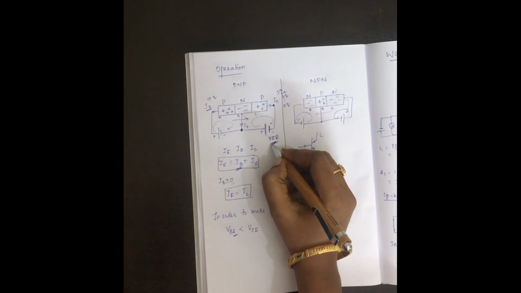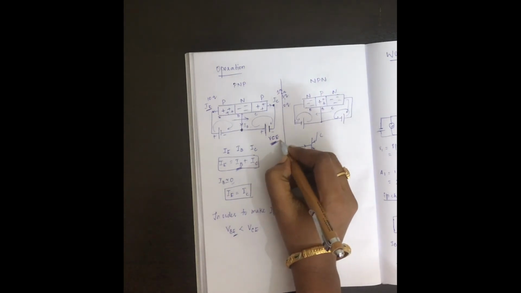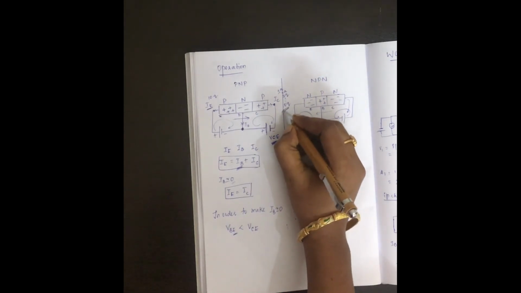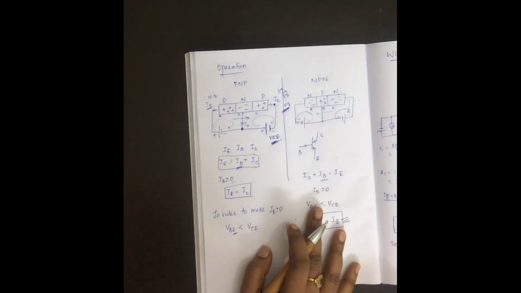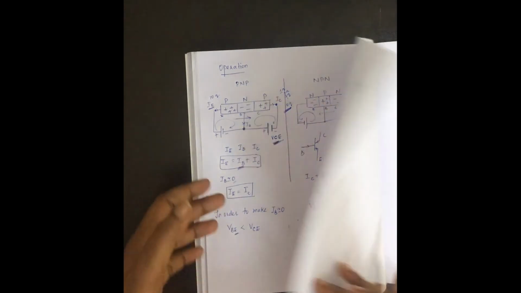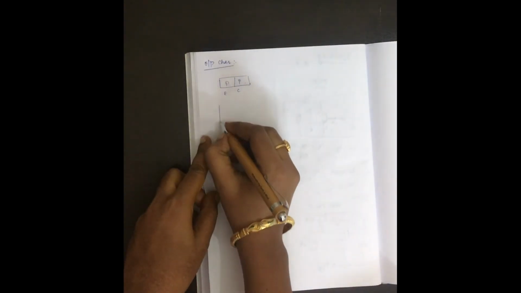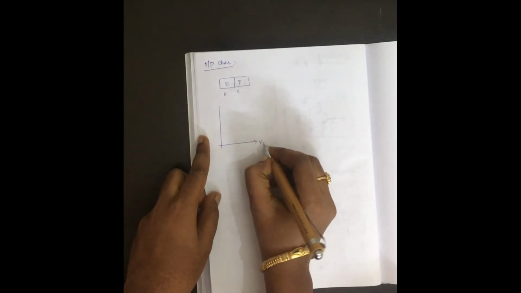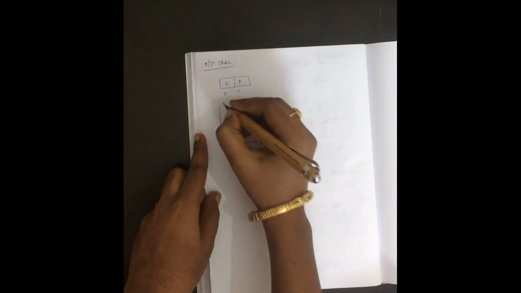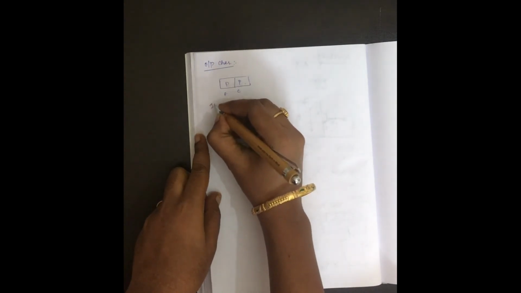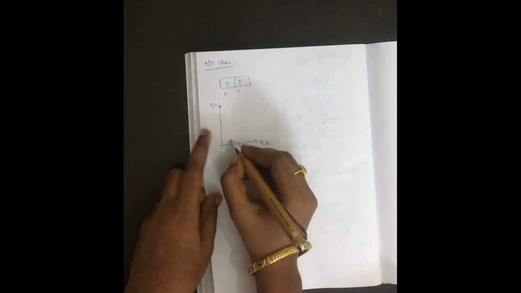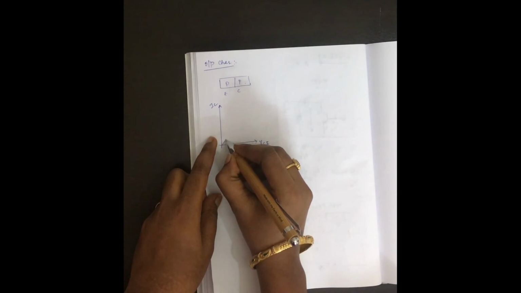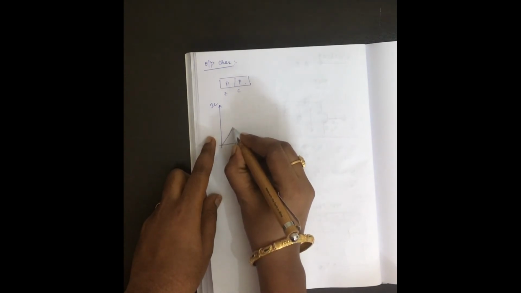And even then, if you are increasing VCE, this current will remain constant. After that, the current will not increase because it has collected all the input current. So for that, the characteristic is drawn across VCE, that is the output voltage, and output current IC. When you increase VCE, collector current IC also increases.